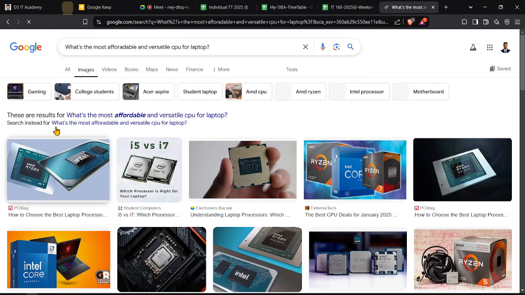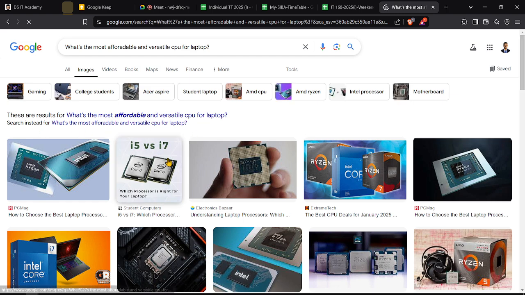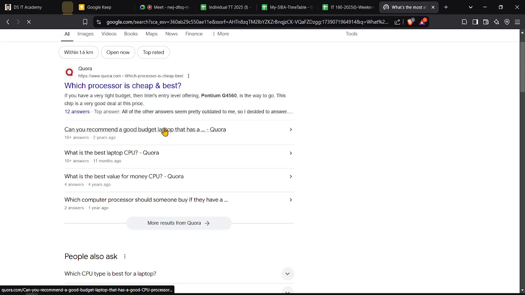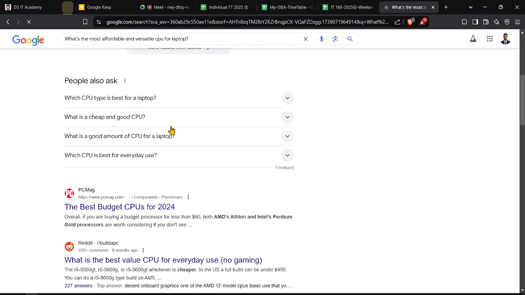Here, it's saying most affordable and useful is i5 and i7, because there are several i5 ones here. If you have a very tight budget, then Intel's entry level offering Pentium likewise. So Intel CPUs are best because they are affordable.